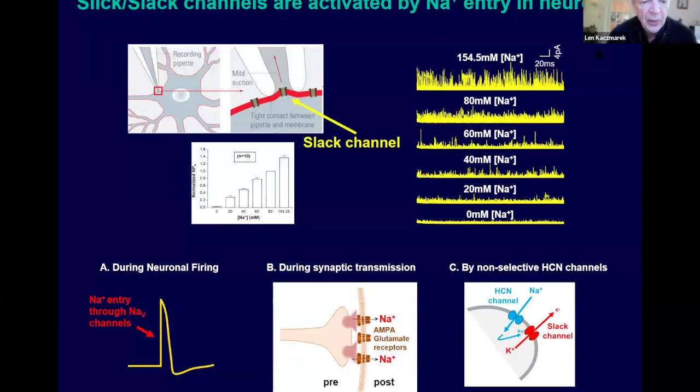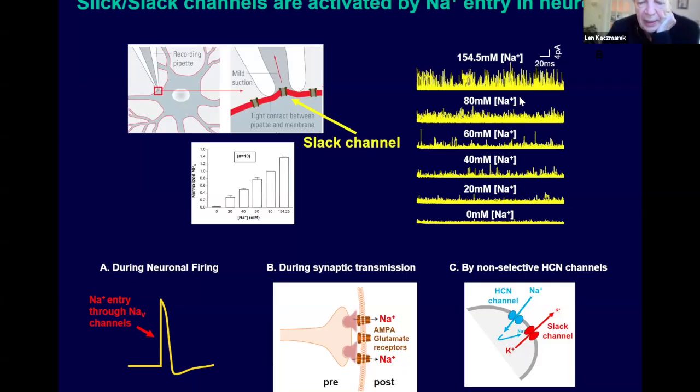And the way we do that is by a technique called patch clamping, where you put a fire-polished electrode on the surface of a cell, and if you're lucky, when you make that seal on the surface of the cell, you will end up with one, or sometimes 2 or 3 or 4, single ion channel proteins under the membrane. And when you do this, and you happen to have SLACK under there, then you can manipulate sodium on the inside.